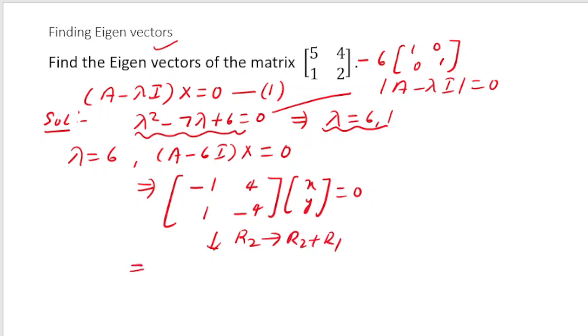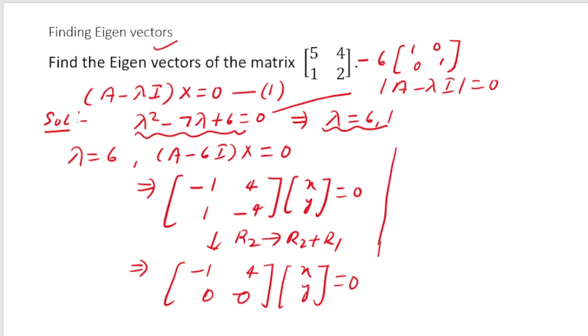If I add it, I will get minus 1 4, 1 minus 4, and 0 0, so 0 0 and then xy is equal to 0. Now the rank of this matrix is 1 and there are two variables. So we are getting a system that is minus x plus 4y is equal to 0.